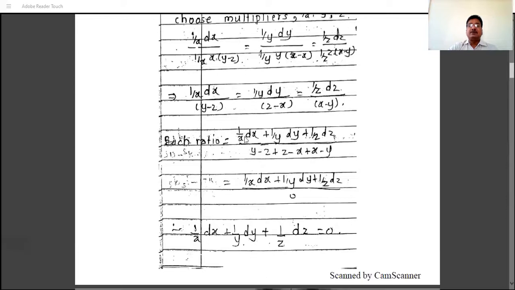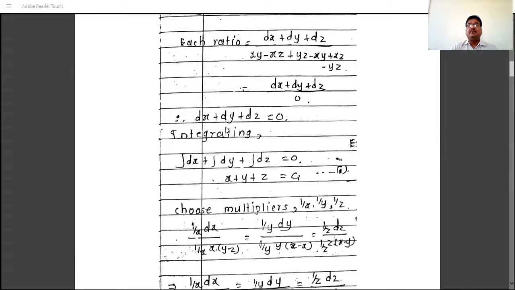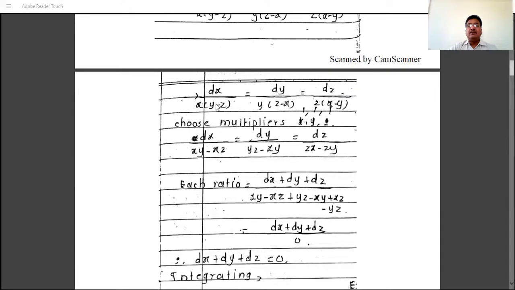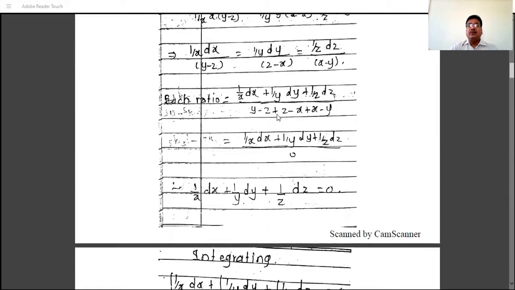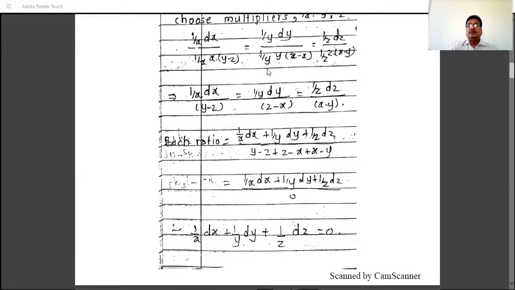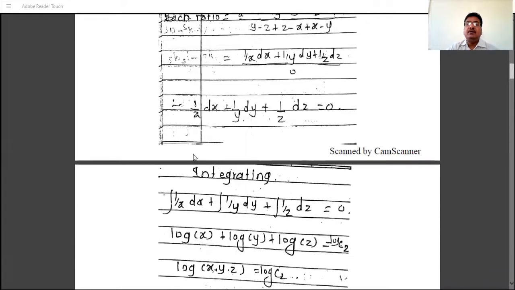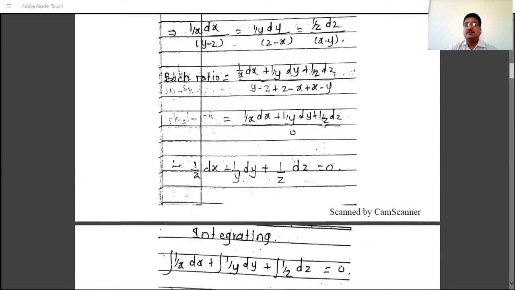Multiply, each ratio is equal to 1 by x dx plus 1 by y dy plus 1 by z dz, divided by, multiply 1 by x to this factor, 1 by x into x, y minus z, we have y minus z, then 1 by y into y, z minus x, and 1 by z into z, x minus y become x minus y, and therefore we have the answer 0. And therefore 1 by x dx plus 1 by y dy plus 1 by z dz is equal to 0.